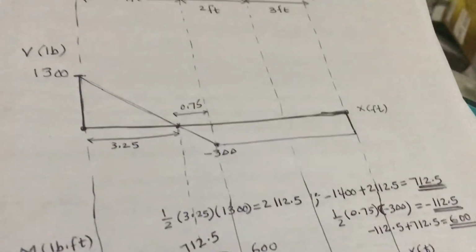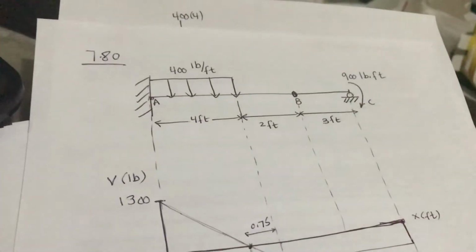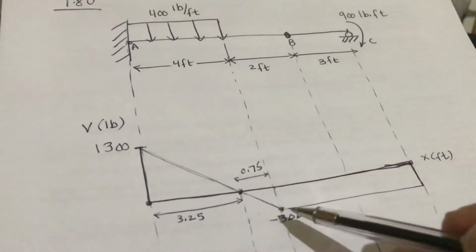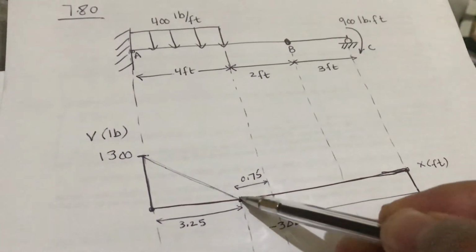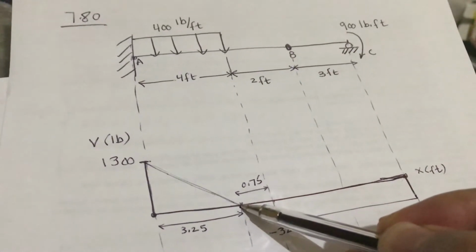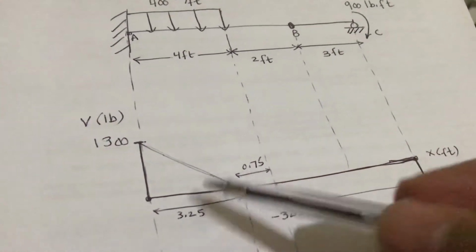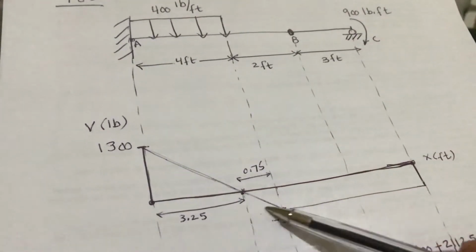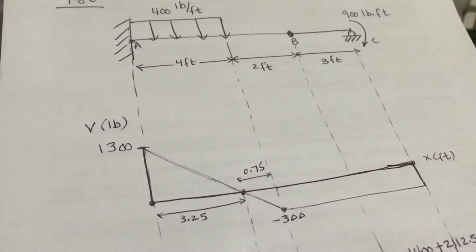Okay, so this is what I did. So we stop at this point. Now we need this point where there is a zero shear. The way we do this, how could you find this 3.25? Is to find the big triangle. What's the big triangle?